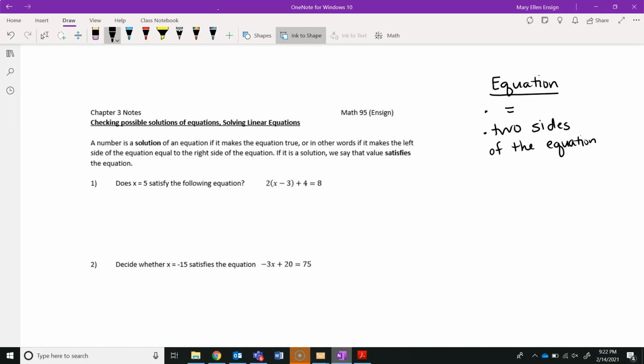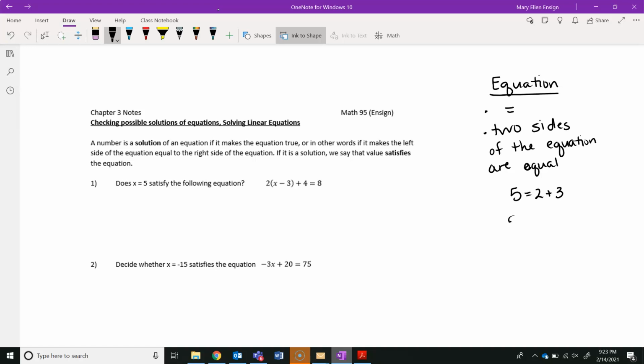So for example, if I had an equation that said 5 equals 2 plus 3, that would be an equation because the left side is equal to the right side. The left side has a value of 5. The right side also has a value of 5.